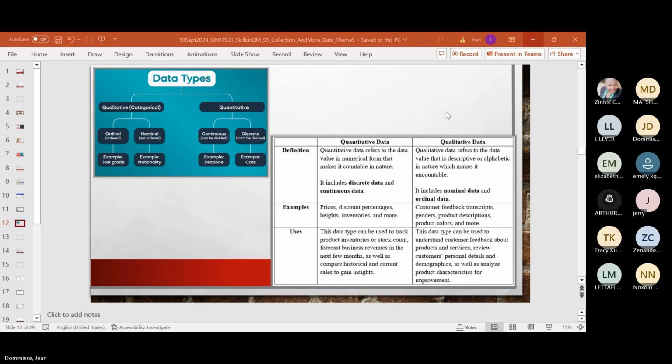Something around qualitative data could be: you need to pick in what province you are. That is not continuous data and not discrete data. Basically, that is nominal data. You pick province 1, 2, 3, or 5.